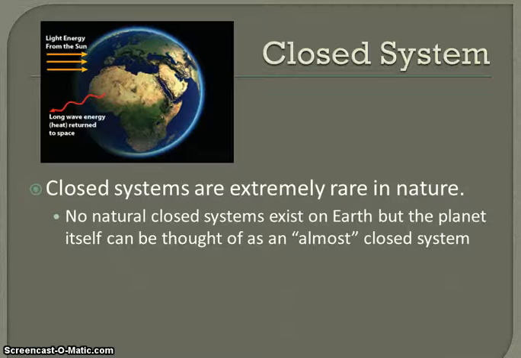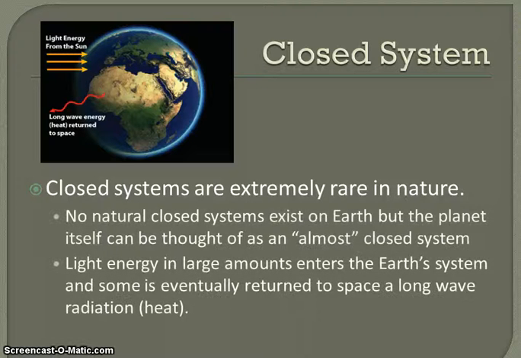Light energy enters the Earth, and long wave energy, in the form of infrared, is re-radiated from Earth's surface. So that would be energy as an input and an output. The only matter that enters Earth is if we are hit by meteorites, asteroids, something along those lines. But Earth is generally considered a closed system.